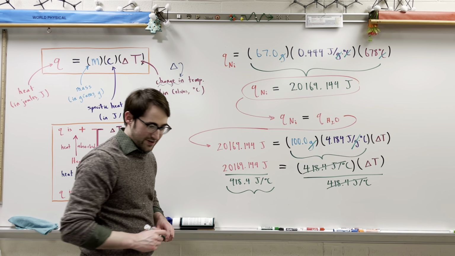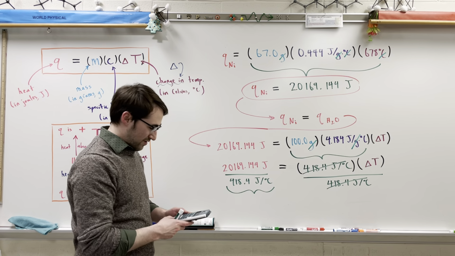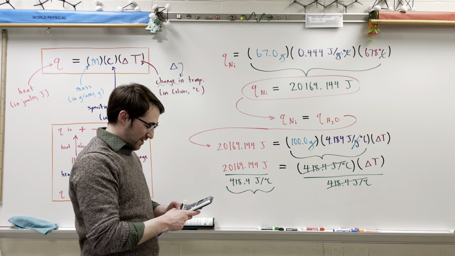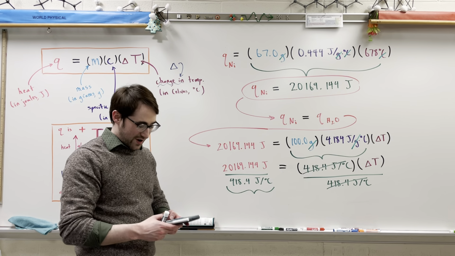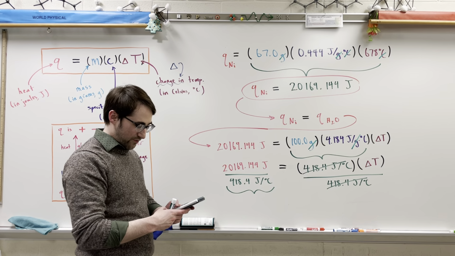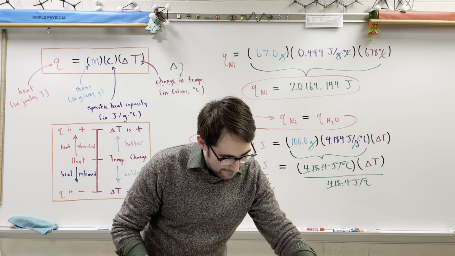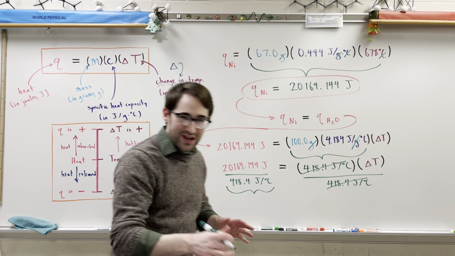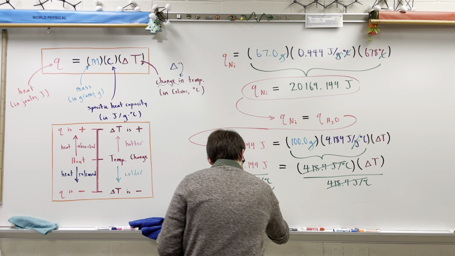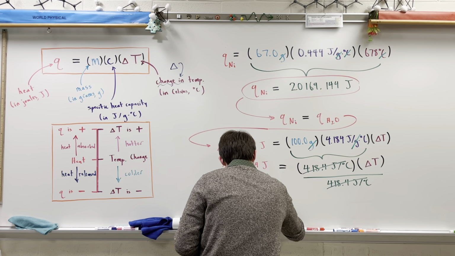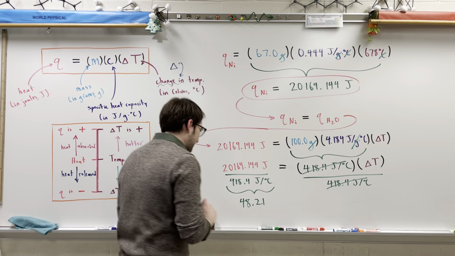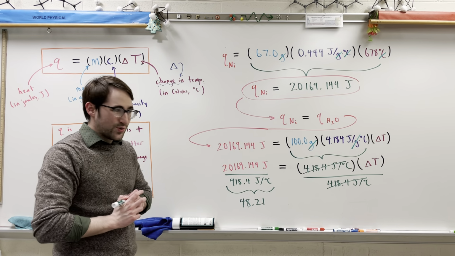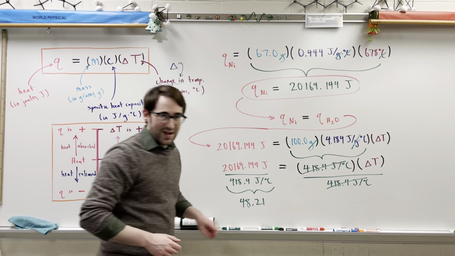Let's stick with the dark green. So I'm going to take 20,169.144 divided by 418.4. All right, and I get 48.21-ish. All right, and this should be equal to my change in temperature, delta T.